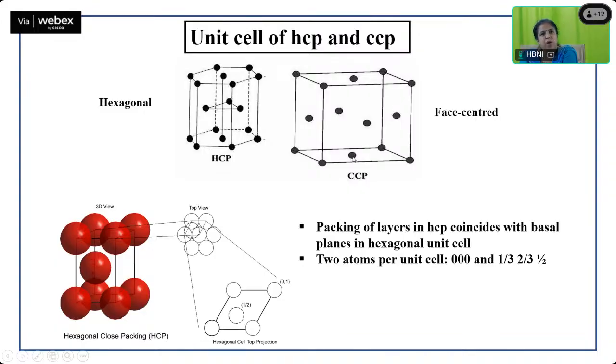If you have defined this particular face, the opposite face is automatically defined, because this is the bottom of this unit cell and this is the bottom of the second unit cell. That means if this is half, 0, this is half, 1. But for the unit cell on top of it, it is still half, 0. Right?